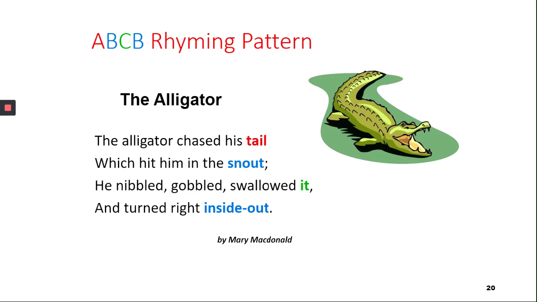It has no rhyme with other lines. And then the B, line 2 and line 4 have rhymes, which is the sound out. And then line 3, similar with line A, they have no rhyme. So that's the ABCB pattern.